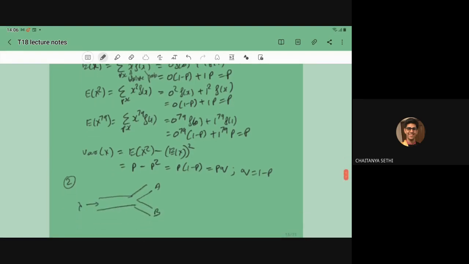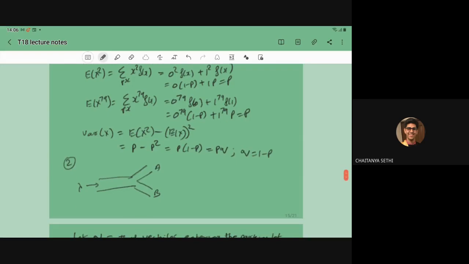For the expectation of X to power 79, the basic formula is always the same: summation over all x of x to power 79 into the corresponding probability. So 0 to power 79 into f(0) plus 1 to power 79 into f(1). It also gives you p.